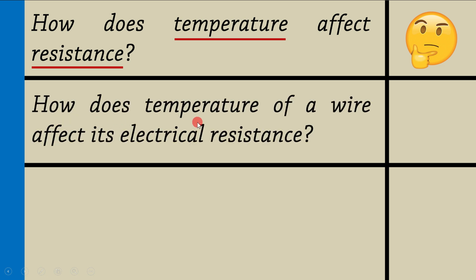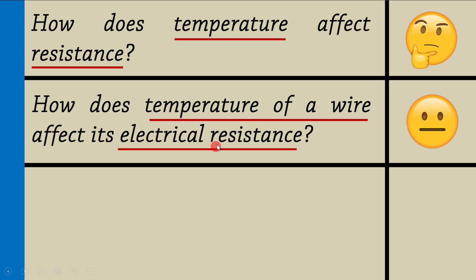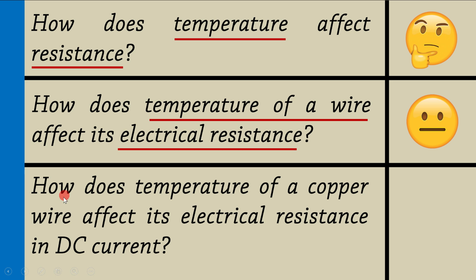Let's give more focus. How does temperature of a wire, still which kind of wire, I don't know, affect its electrical resistance? Better. It's not mechanical but electrical. Still, I have to make more focus because temperature of which kind of wire, and more than that, electrical resistance in which type of current, DC, AC, they are different. Okay, let's give more focus.